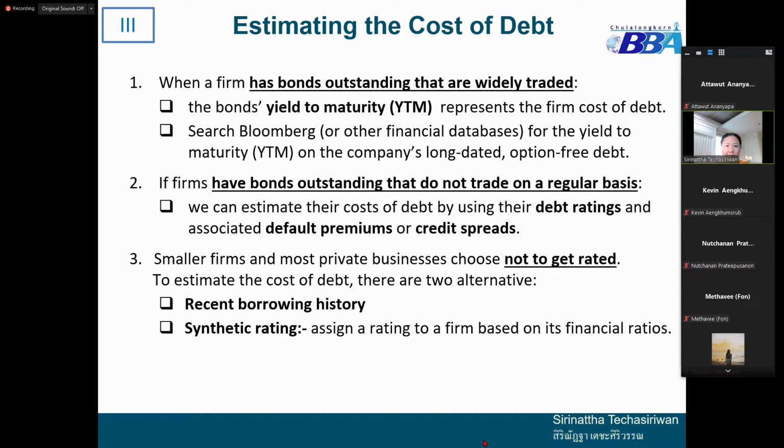Okay, so this is the first scenario. Very simple. Look at yield to maturity because it reflects the current cost, the current required return of the investor. The second scenario: if a company has bonds outstanding, but the bond might not trade in the secondary market, or if it is listed in the secondary market but is illiquid, right?